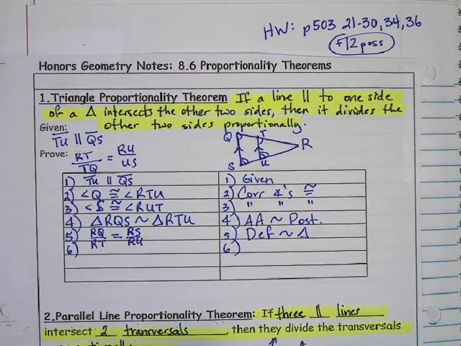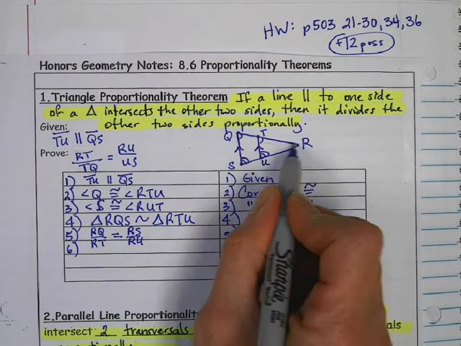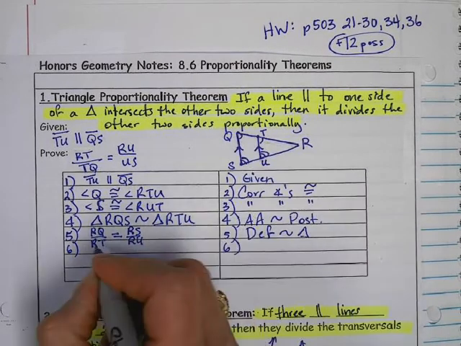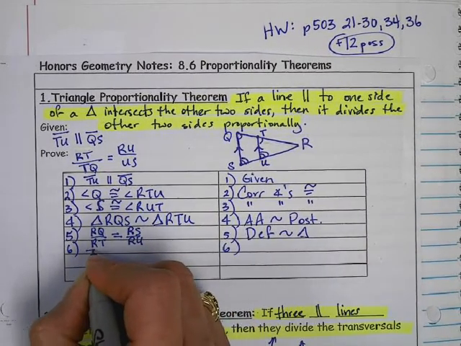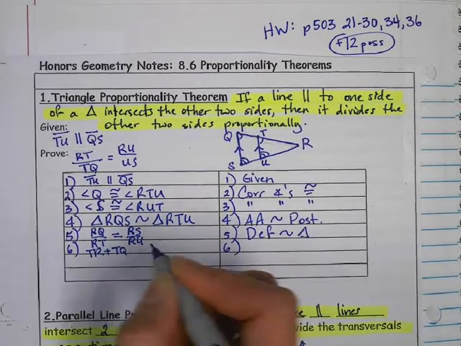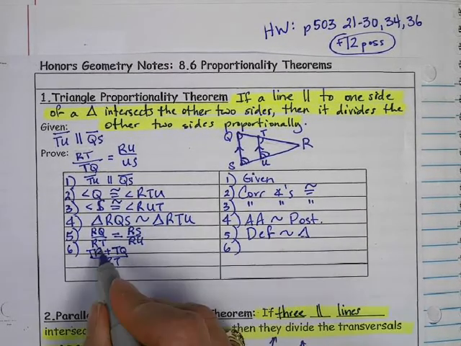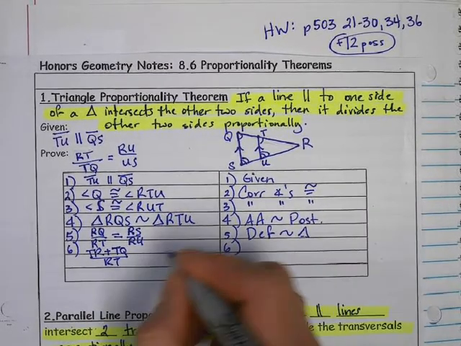So step 6 is that if we take TR and we add that to TQ, TR plus TQ, and we put that over RT. I'm going to have to use 2 lines to get this in here.